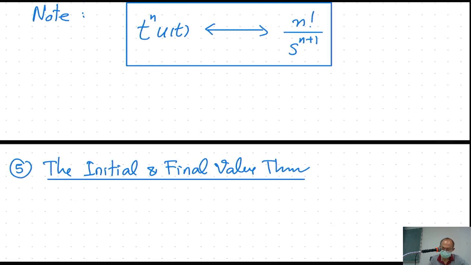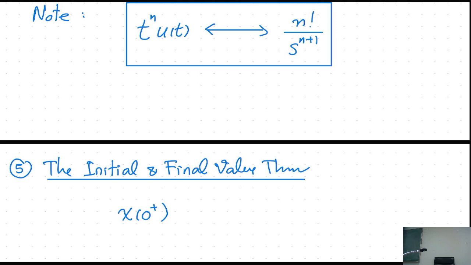First, the initial value, which is x(0 plus). Now, what do I mean by x(0 plus)? x(0 plus) means the value of the signal x just after time 0. We're not including time 0, but we start at time just right after time 0. This is what it means by this notation.